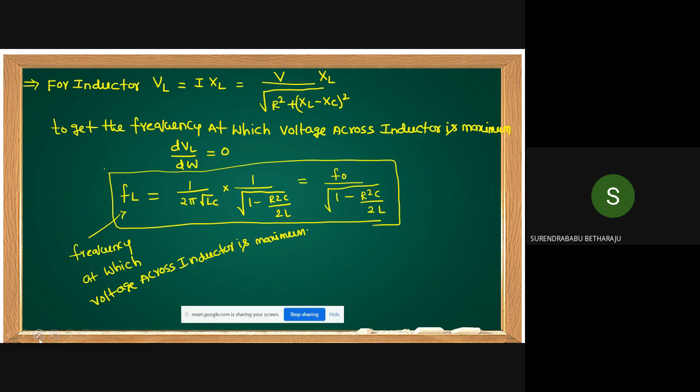Now see, with this observation, if you draw the curve between voltage versus frequency. I drew the current versus frequency, impedance versus frequency, reactance versus frequency, and phase angle versus frequency. Now I am drawing the curve between voltage versus frequency. Every curve is important from the competitive point of view.